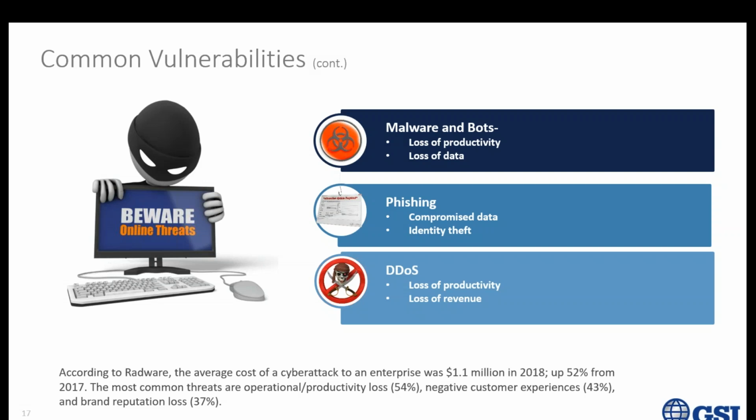So the financial impact is significant, and it's going up every year. How many people heard about yesterday's event where Jeff Bezos received some kind of image from the Crown Prince of Saudi Arabia, and next thing you know, he's been hacked? I mean, isn't that unbelievable? He's one of the richest men in the world, and he was subject to a hack.